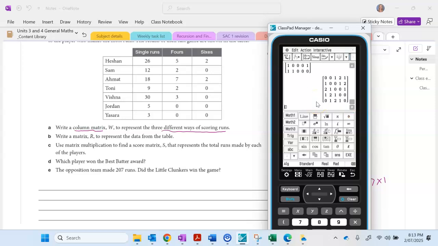Come on. Okay, so 3 across, 7 down. All right, I've got 1, 2, 3. There we go, 7. 1, 2, 3, 4, 5, 6, 7.